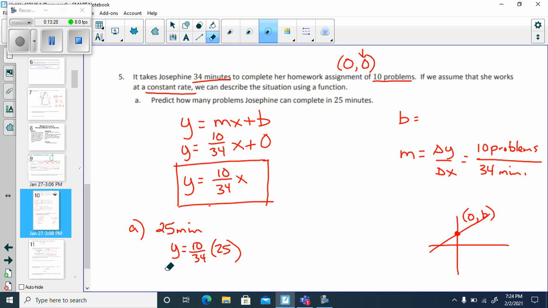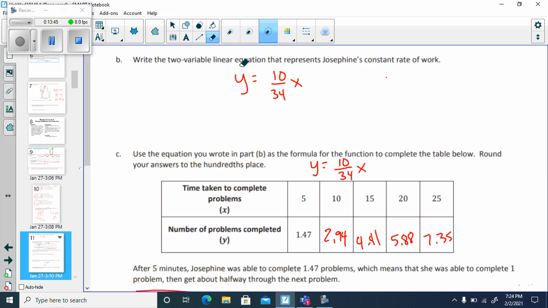That means you solve 7.35 problems in 25 minutes, right? Now, let's keep going. We're just going straight through the book. Oops, shouldn't have erased that.